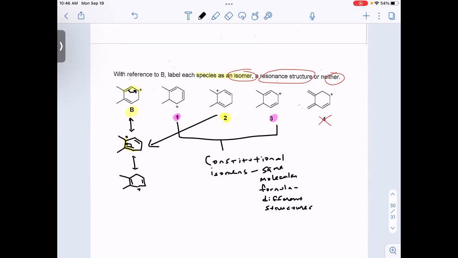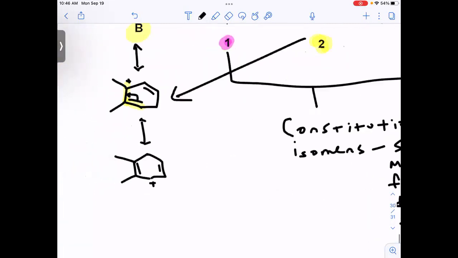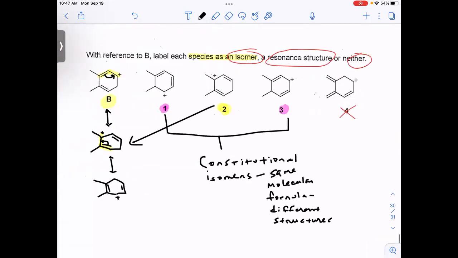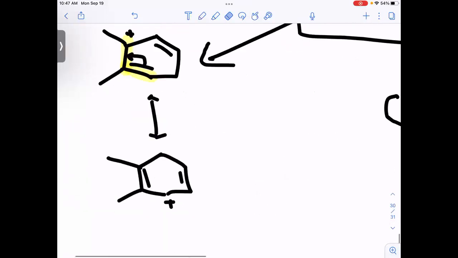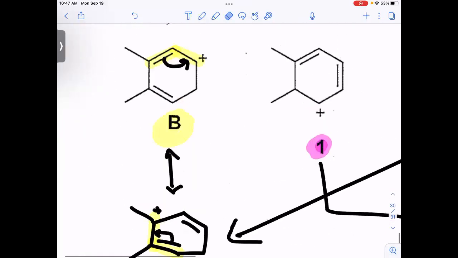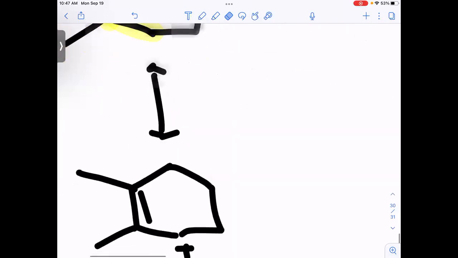Okay, I get 1 is not a resonance form, but why not 3? Look at where the methyl groups are on 3. We did that. We have that one. Hold up. Did I put this double bond in the wrong place? I believe I did. That should have still been here.